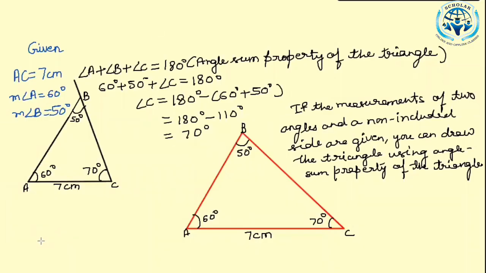I am demonstrating that if you don't use this property, you will not be able to draw the triangle because the included side is not given. We draw a line AC is equal to 7 centimeter and then we draw an angle 60 degree.